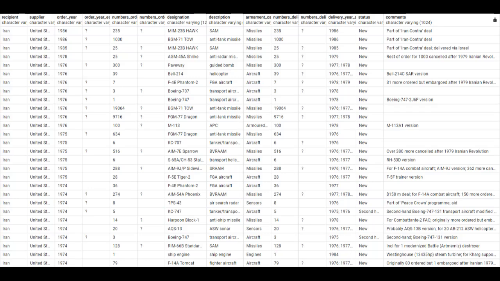You can ask yourself, well, look at all these arms sales that Iran has made from the US. Aren't these enemies? Well, yes. Before 1979, they were allies and they had a ton of arms sales, which is why they have such a massive fleet of American airplanes.